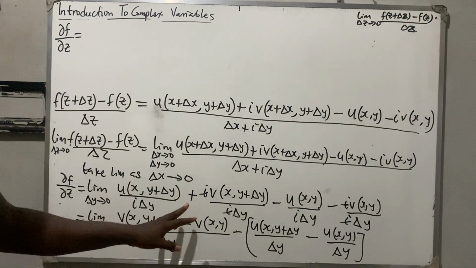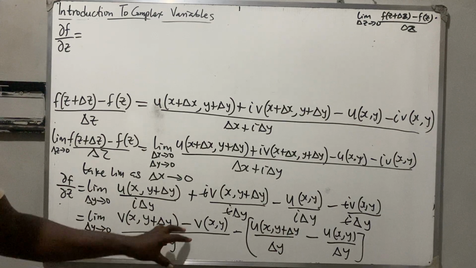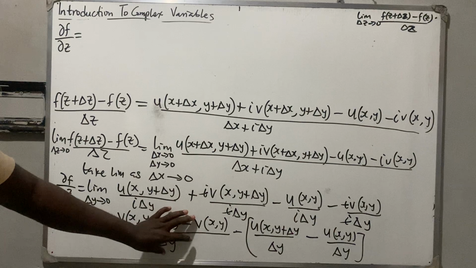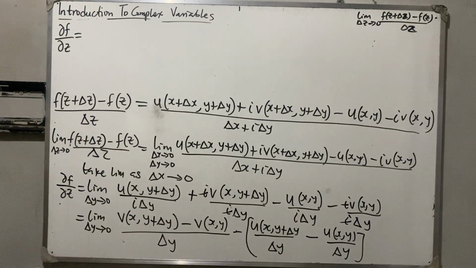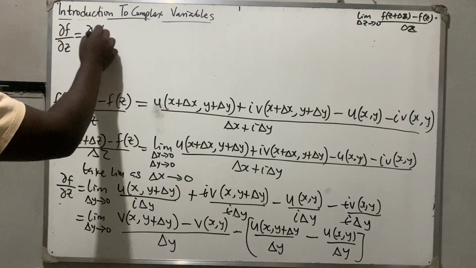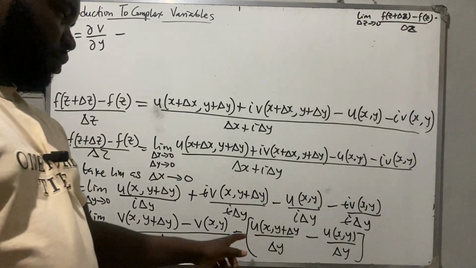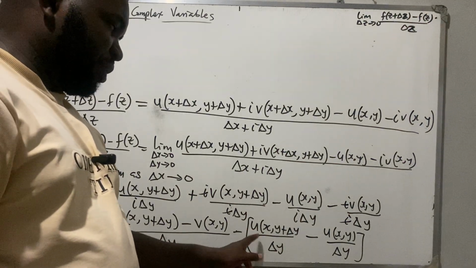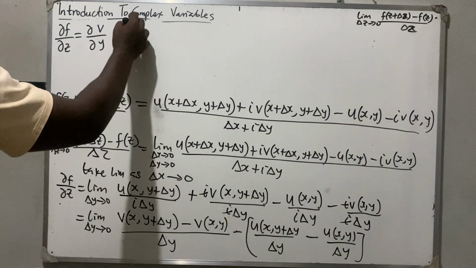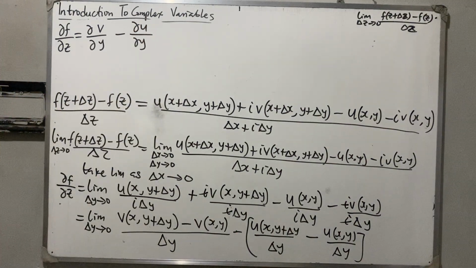So the limit of this one is going to be delta v over delta y. So that is what here will give me. So it will now be partial v over partial y, minus, this one will give me partial u over partial y. So minus partial u over partial y. Okay, so that's what this one gave me.